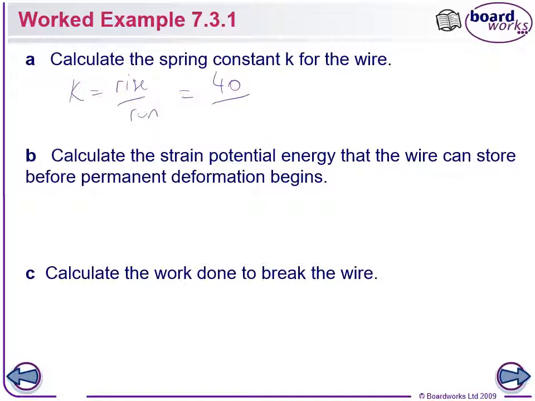So 20 millimeters, so let's do 20 times 10 to the negative 3. Let's be careful there. Just seeing if you're all awake. All right, so I get a spring constant of 2,000. A spring constant is newtons per meter.